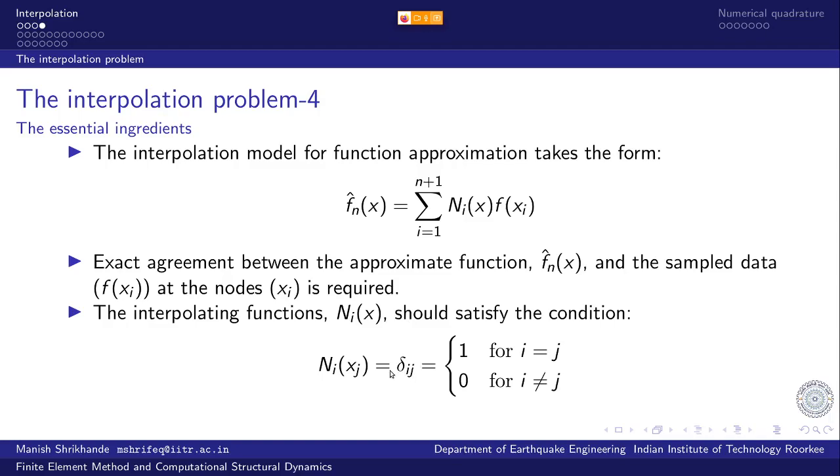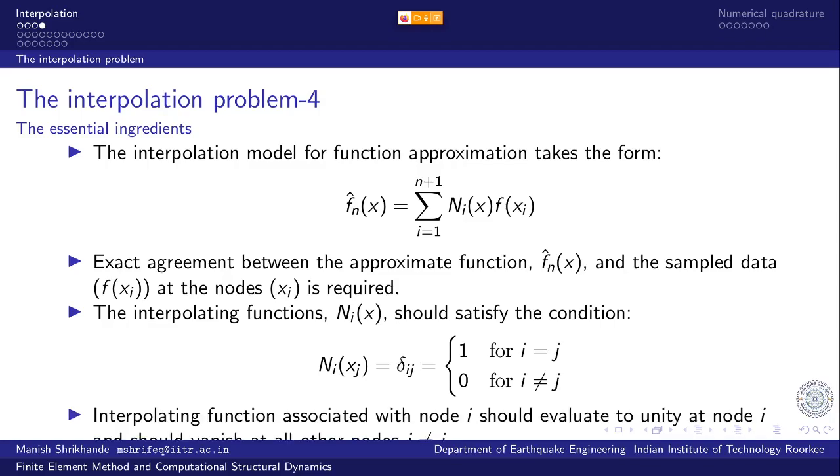All that it does is it takes the value of 1 when i is equal to j, integer indices i and j, and it vanishes when i is not equal to j. So a very succinct notation for conveying the requirement of interpolation model.